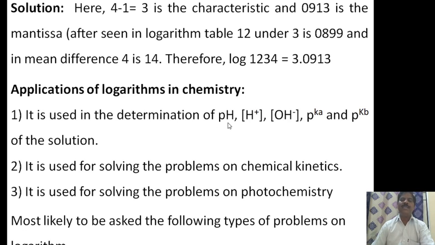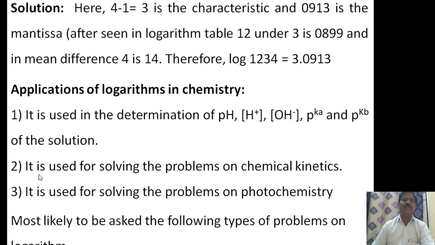We know that pH is equal to negative log base 10 of the molar concentration of hydrogen ion, H plus. Similarly, we can calculate the pKa value, pKb value, and the dissociation constant. These can be determined by using logarithms.